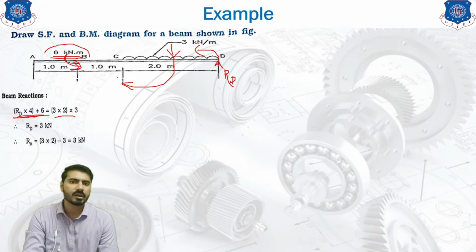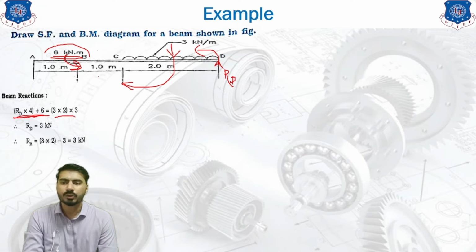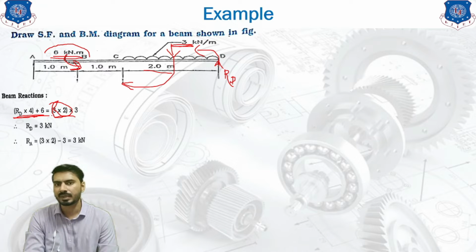In order to calculate the value of this moment, you need to find out the total load of the UDL first. The UDL has an intensity of 3 kilonewton per meter. So for this length of 2 meter, the total UDL will be 3 into 2. This is the force that is applied due to UDL. We need to find out the moment.